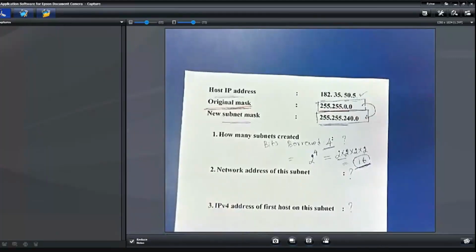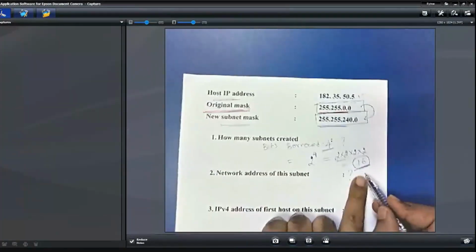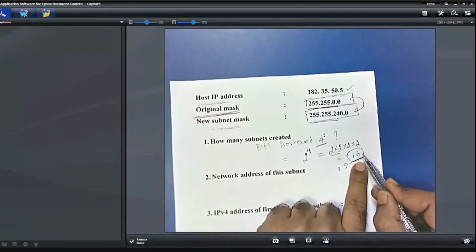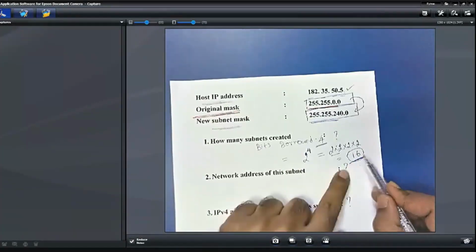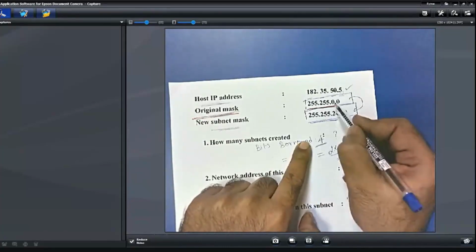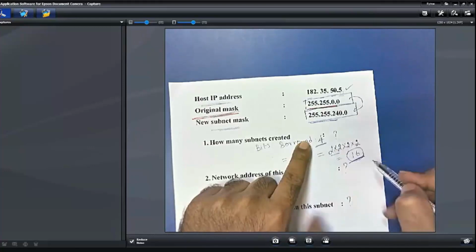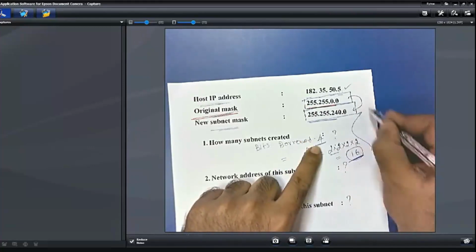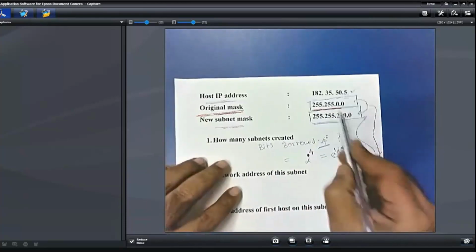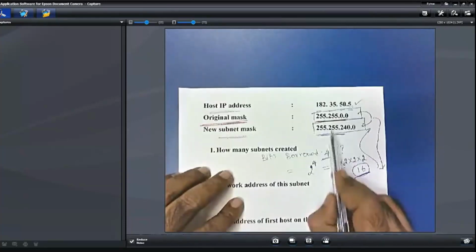In the previous example, we gave this directly: number of subnets needed, 16. How many bits to be borrowed? You will calculate this. Then what is the new subnet mask? Now they are coming in the reverse. Very simple. You compare the original and new.